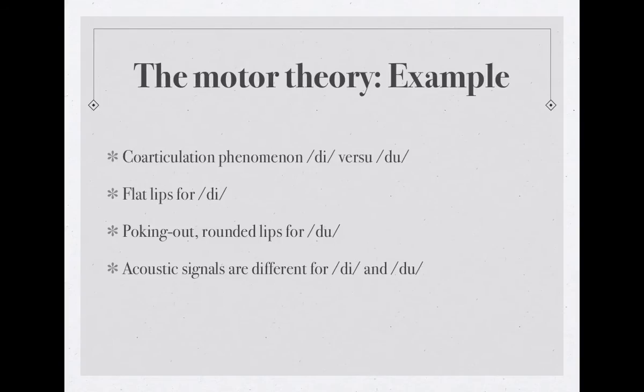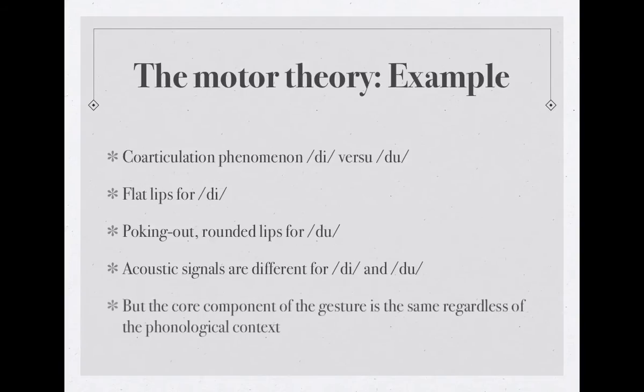Though the acoustic signals are different for D and do, we still have the same sound there. So our gestures are more important than the acoustics. The core component of the gesture is the same regardless of the phonological context or the acoustic context.